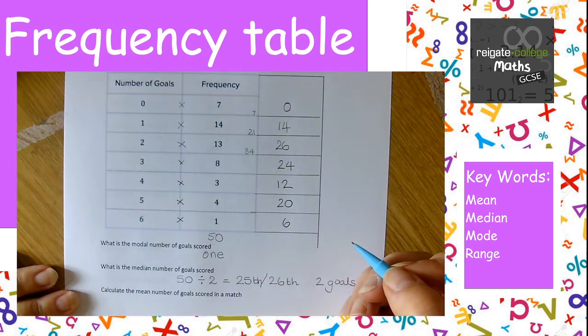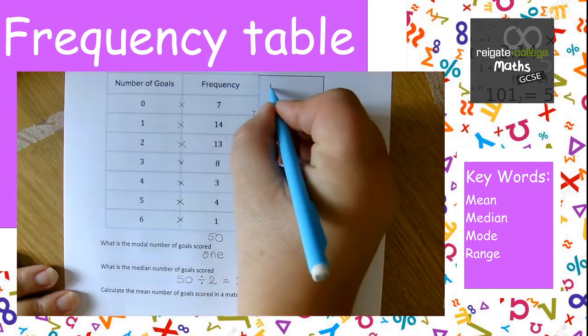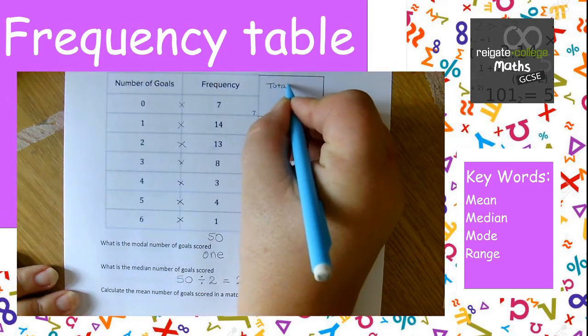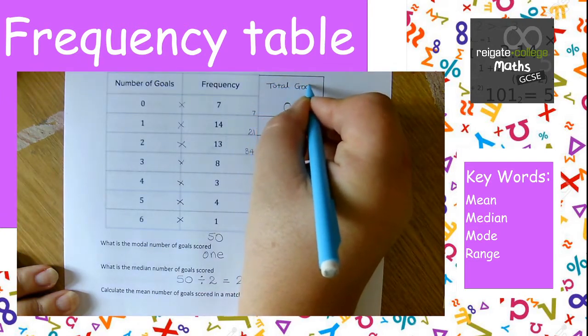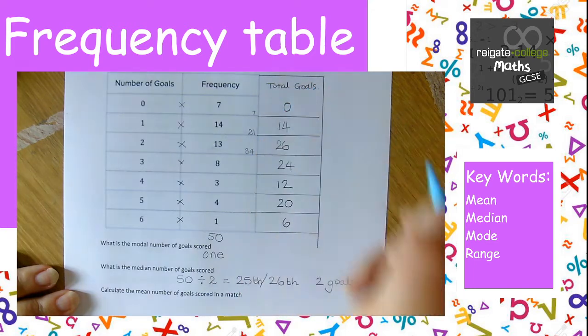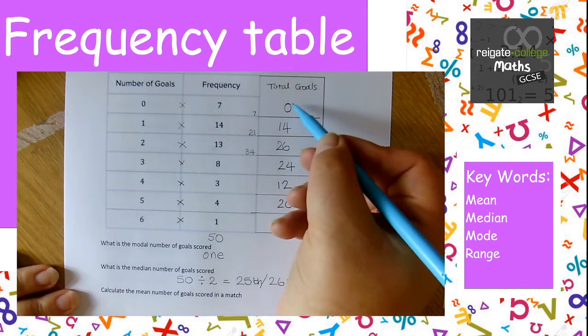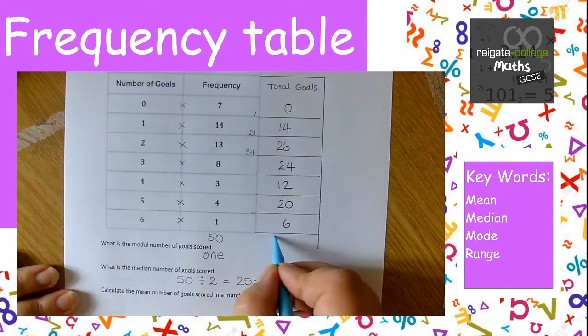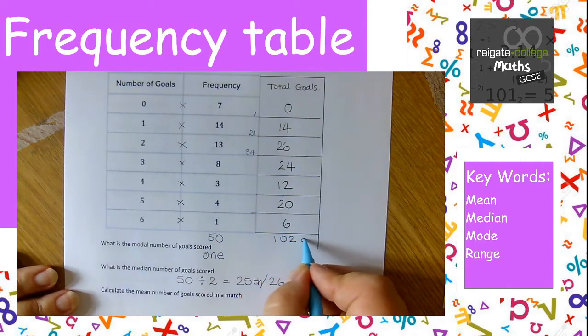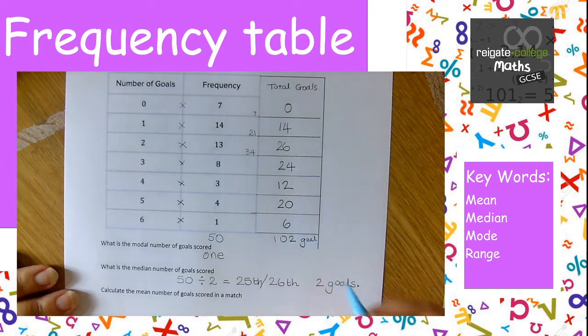To find out the total number of goals scored, I've got to total up this column. If I add all of my goals, I have a grand total of 102 goals scored in all 50 matches.